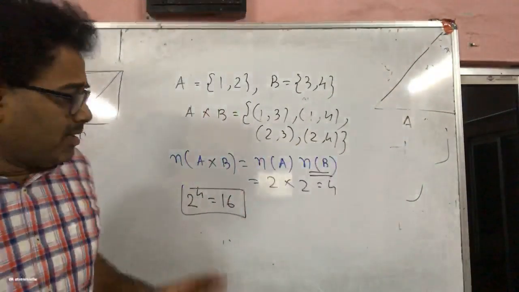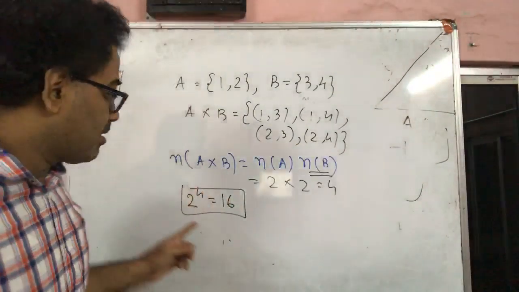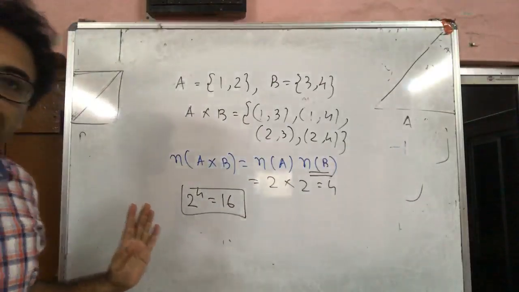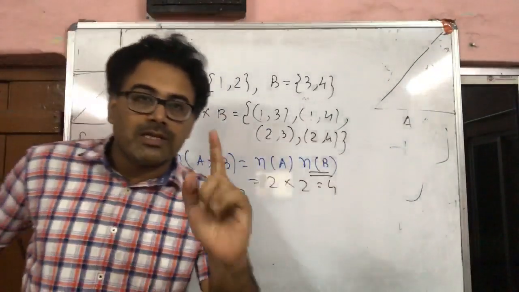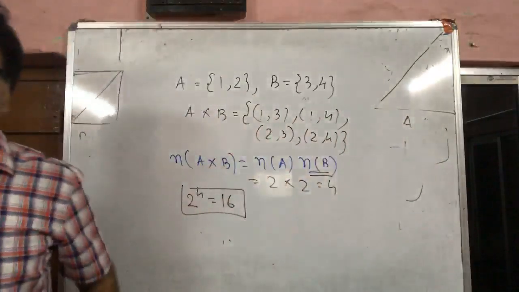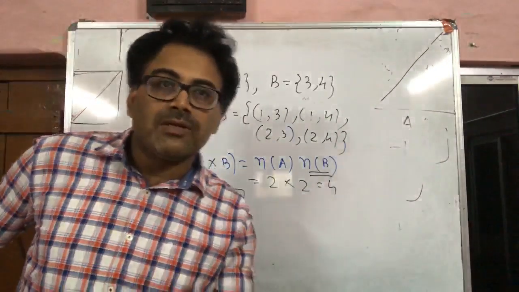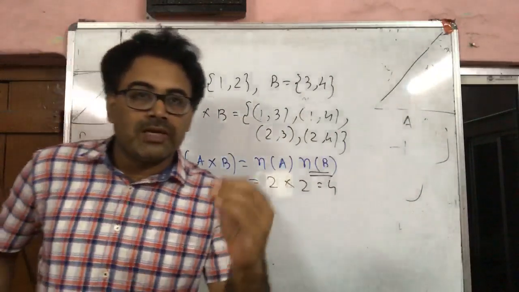আচ্ছা ছাড়, ওটা পরে বলবো, এটা বলে দিই. So the number of subsets is 16, and each of the subsets is called a relation from A to B. So now I am introducing today's topic: relation.